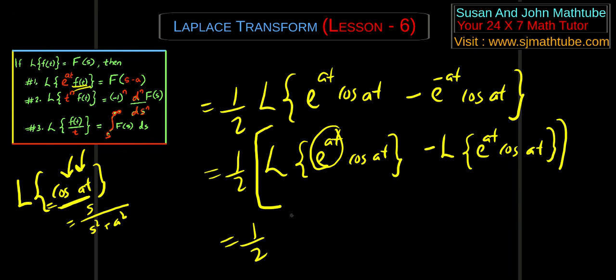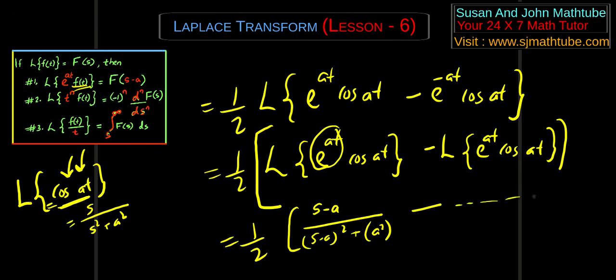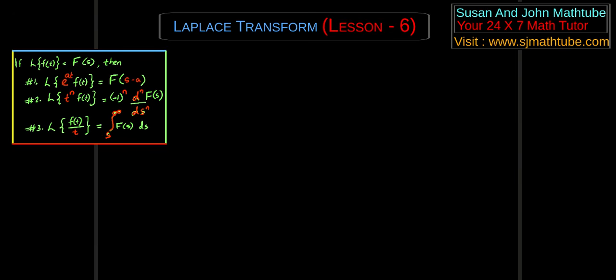You replace s with s minus a. Now that's it, I have given enough hint, so you can proceed. Something very important, because this is a problem which we did not do in lesson number 5. And now I hope you'll be able to handle similar type questions like this.